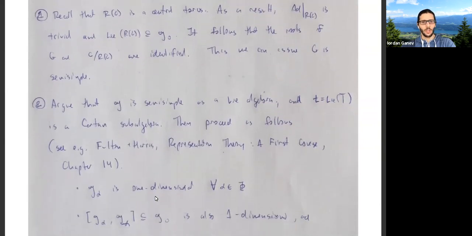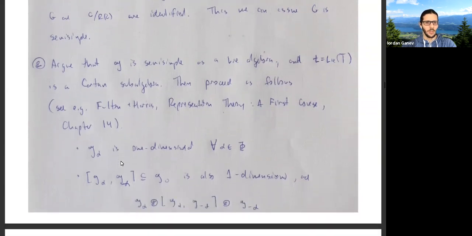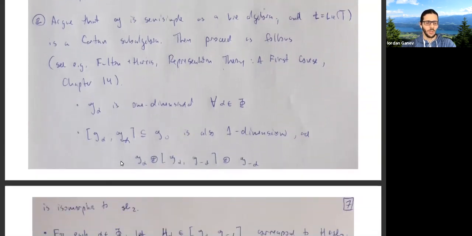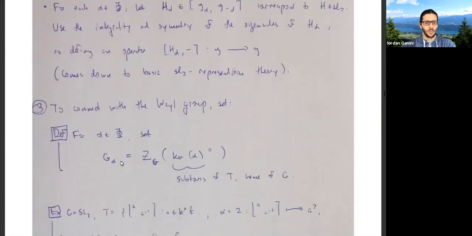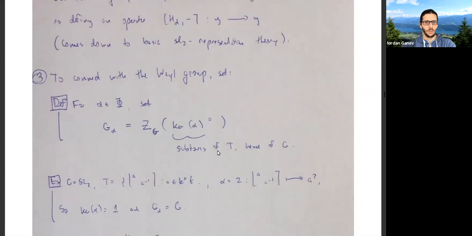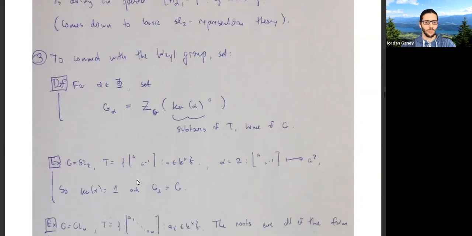Okay, and then some ingredients of the proof of the theorem. It comes down to thinking about semi-simple Lie algebras. I gave this reference to Fulton and Harris, where they have a nice discussion of how these things work for semi-simple Lie algebras. The connection to the Weyl group is through the centralizers of the kernels of the roots. These are certain connected reductive subgroups.